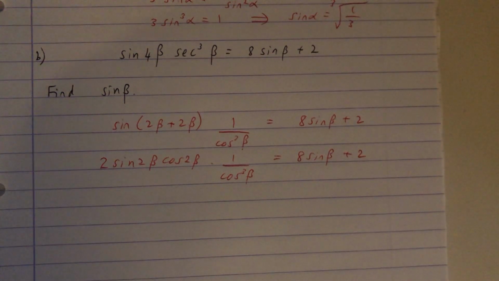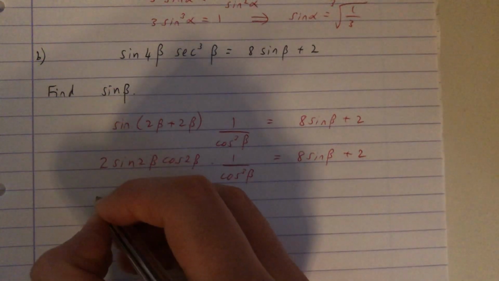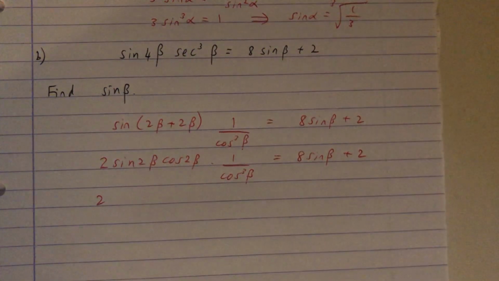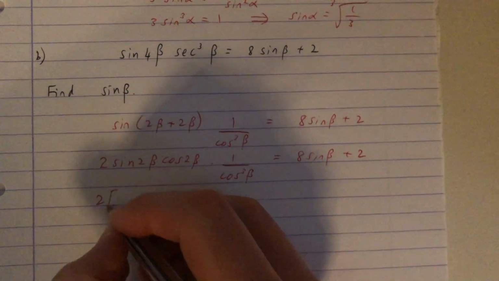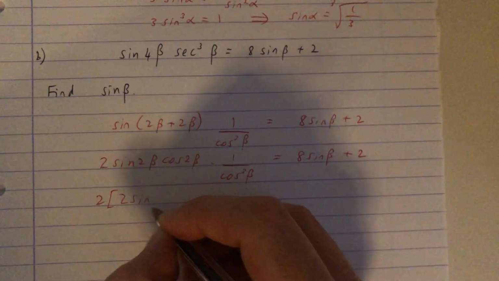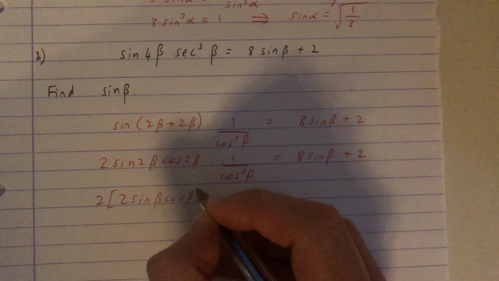Again, I'm going to pause and not times by the denominator yet. You should know some double angle identities for sine and cos. There's only one for sine, and that is just 2 sine beta cos beta.